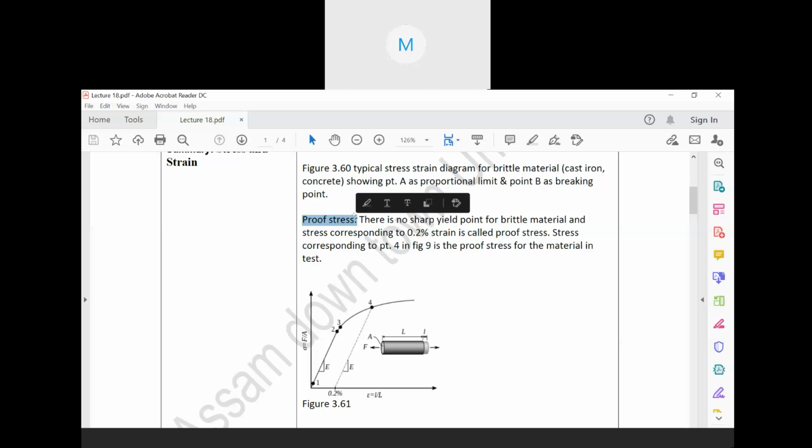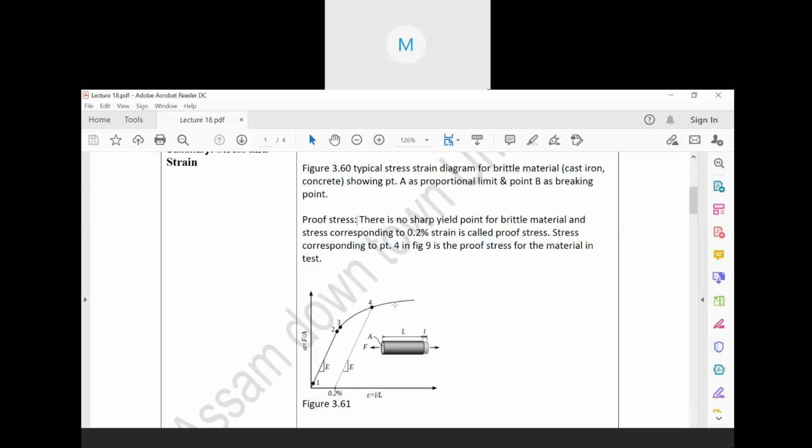What does that basically mean? If you compare the stress value and strain value, then 0.2% of the strain.